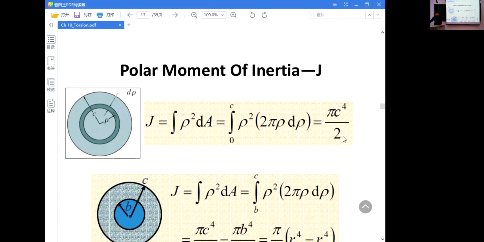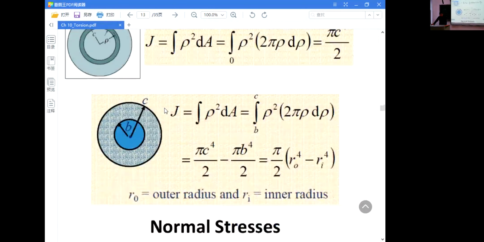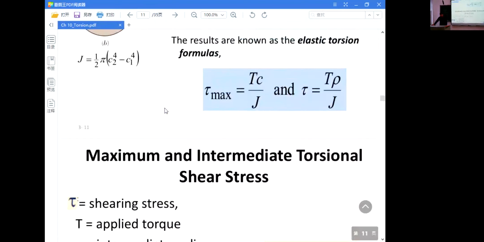Why is it more safe? Because J is greater, it goes up. J is more than the solid shaft. For the whole solid shaft, the J is more than this one. Understand?